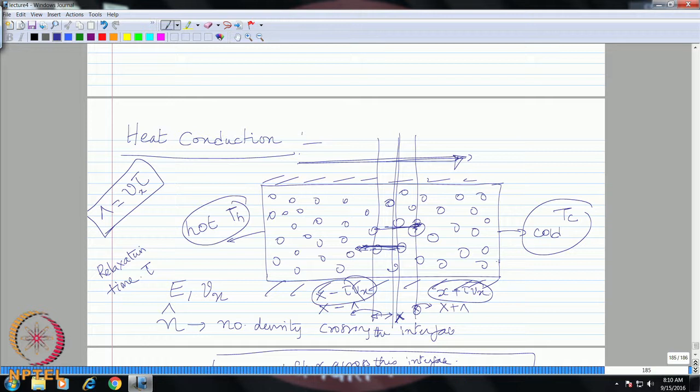And in order to look at heat conduction, what we ideally need to know is how far a gas molecule can travel across this interface before it collides with the neighboring molecule, okay, and transfers its energy. So, this is how the conduction really happens at the molecular level.